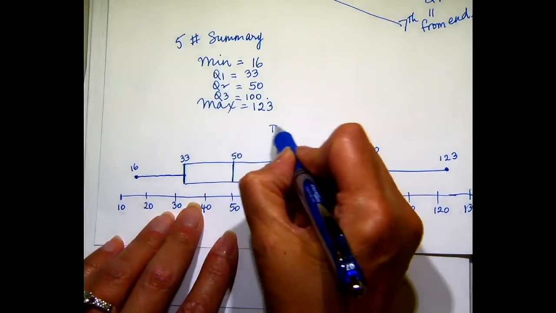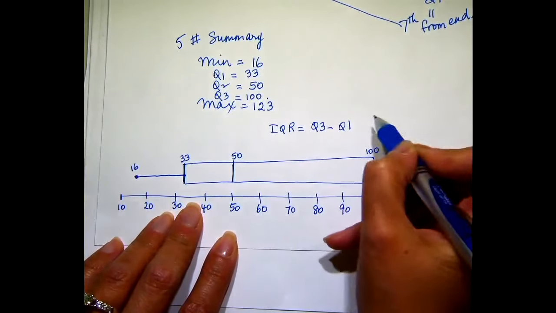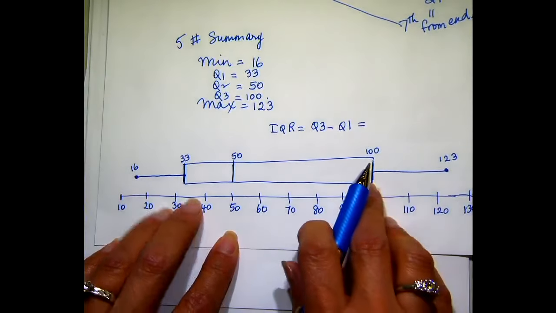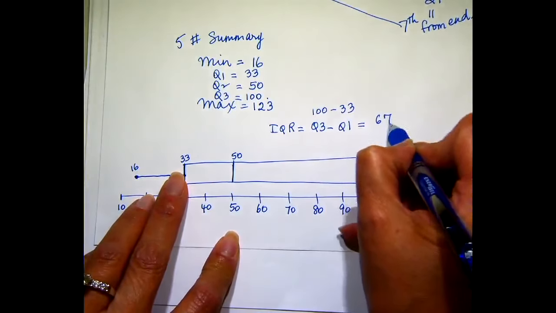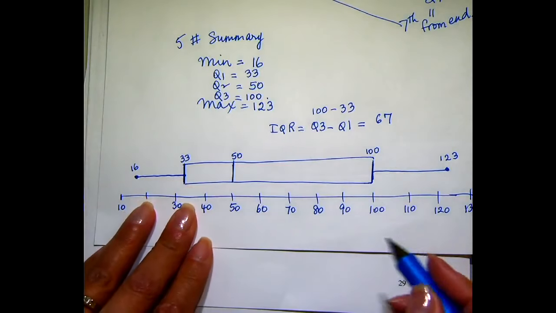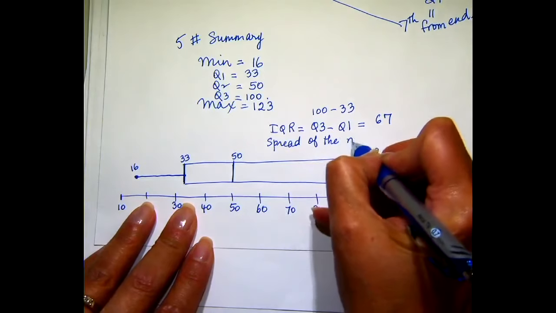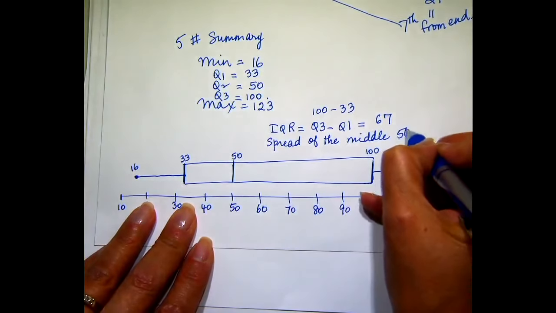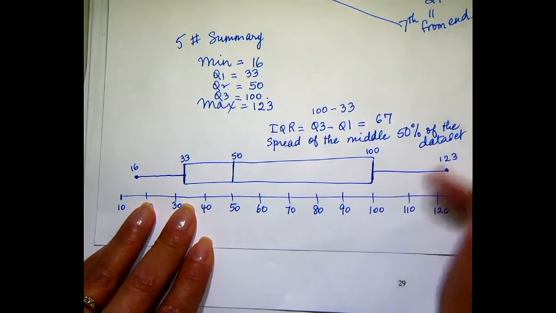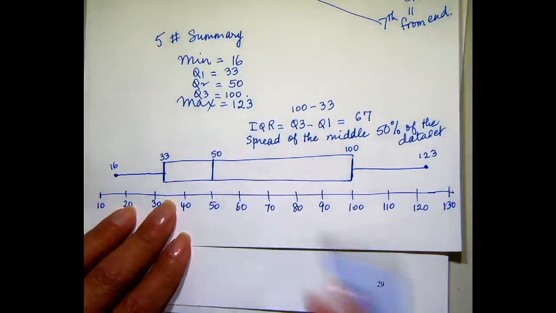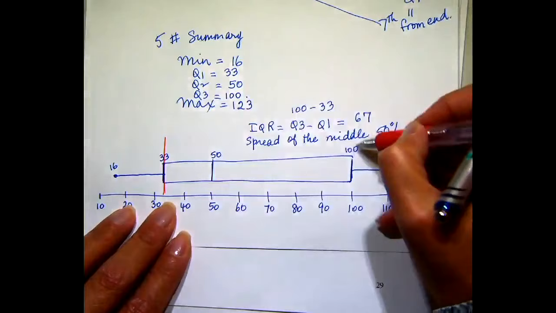So the interquartile range is Q3 minus Q1, which is 100 minus 33, which is 67. And that gives me the spread of the middle 50% of the data set. Meaning this spread right here is the IQR, from here to here.